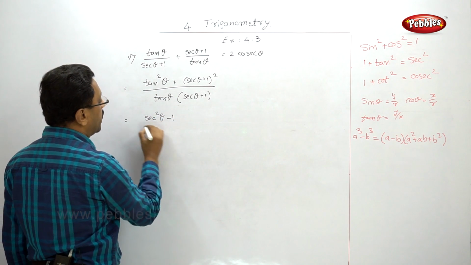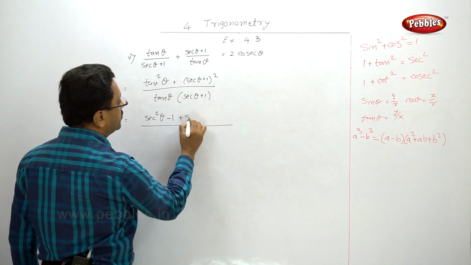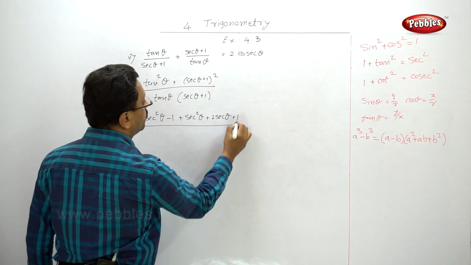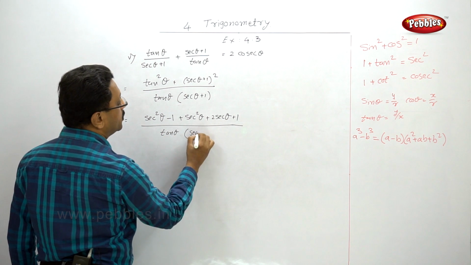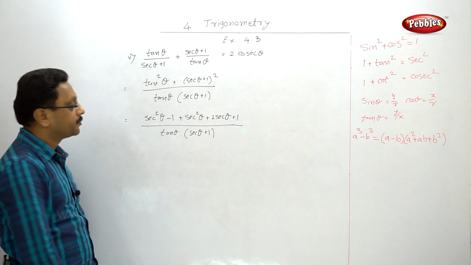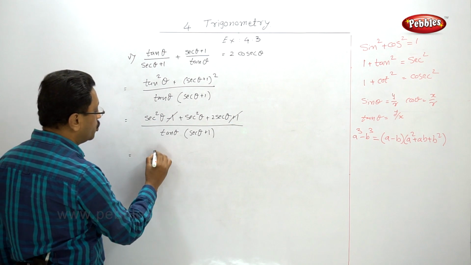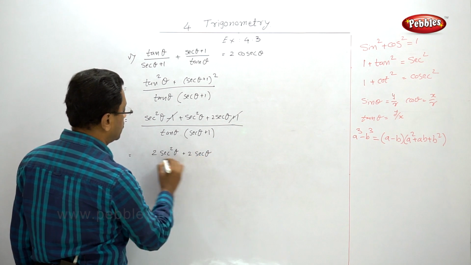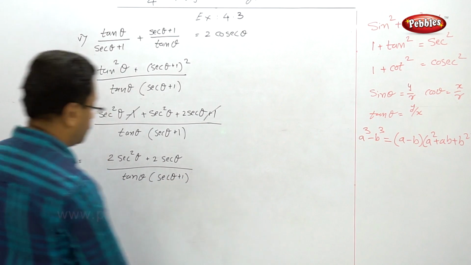And how about this bracket? Plus sec square theta plus 2 sec theta plus 1. And here I will write same tan theta into sec theta plus 1. Now here 1 will get cancelled and we will have 2 sec square theta plus 2 sec theta upon tan theta into sec theta plus 1.